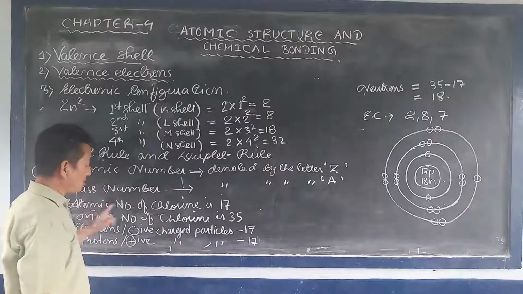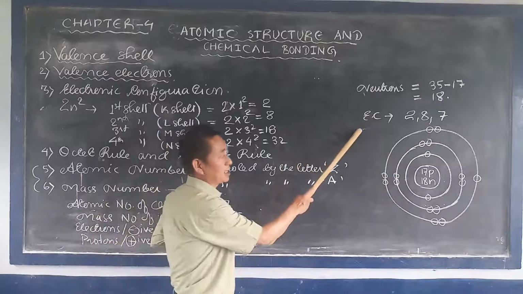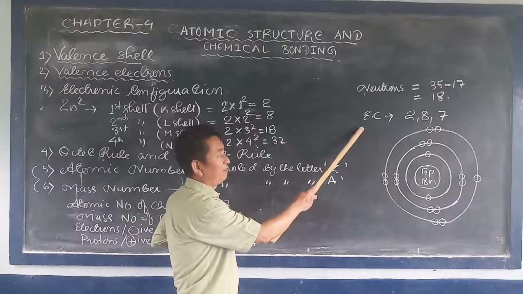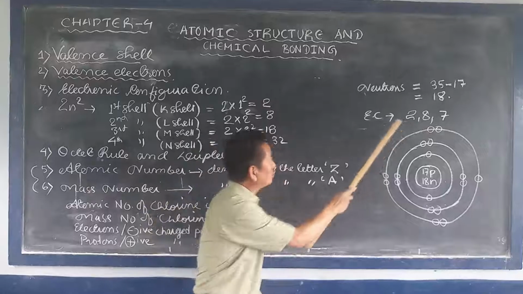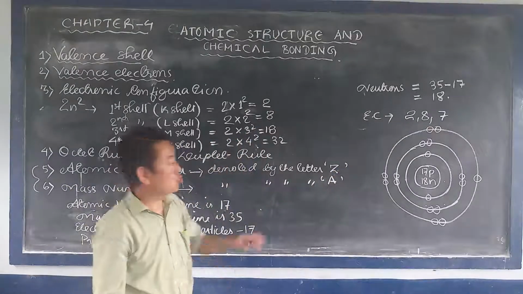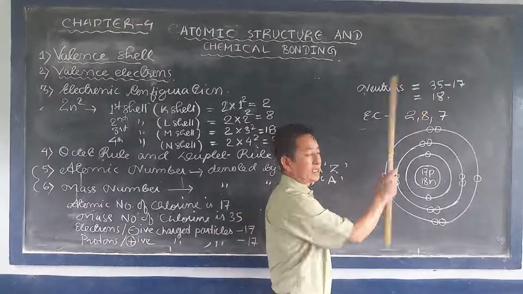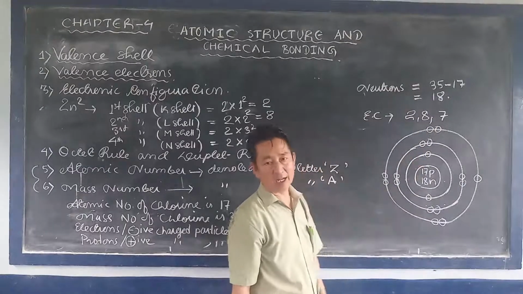Here atomic number of chlorine is 17, so its electronic configuration: the first shell accommodates only 2 electrons, second shell 8 electrons, and 2 plus 8 is 10, 17 minus 10 is 7. The outermost shell has 7 electrons.